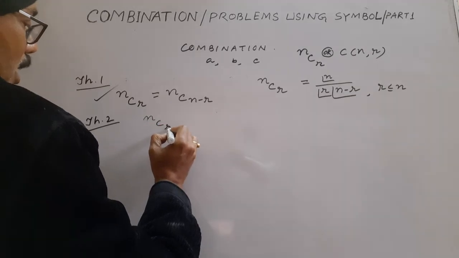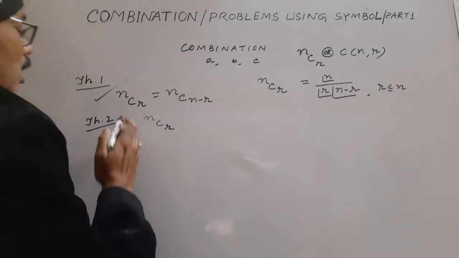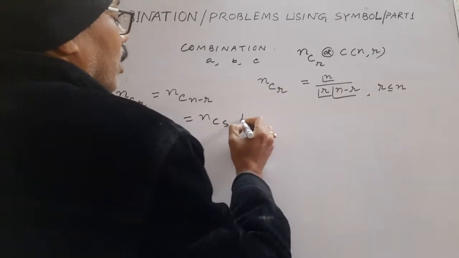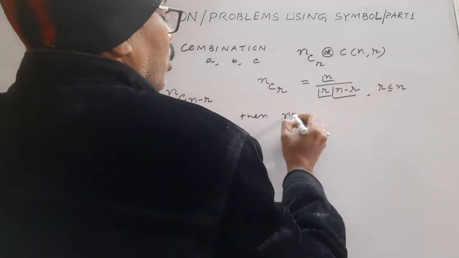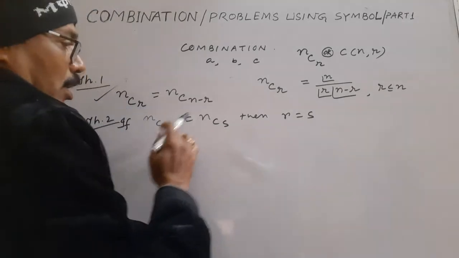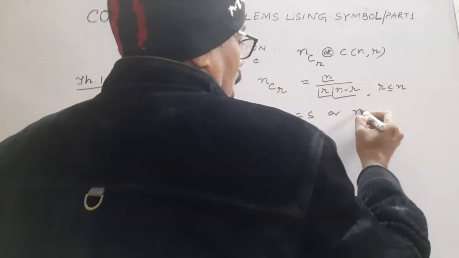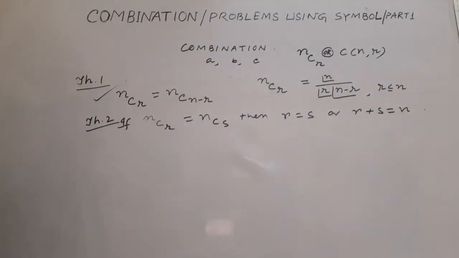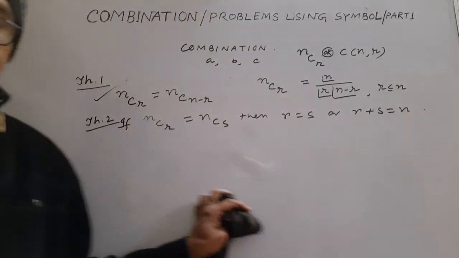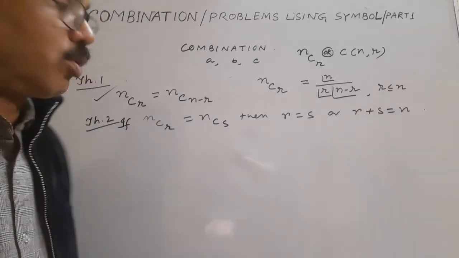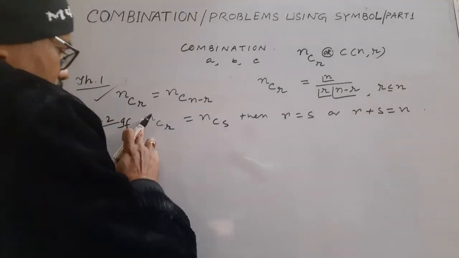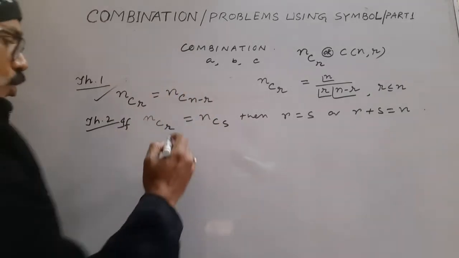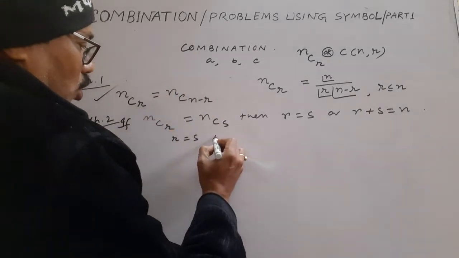If nCr equals nCs, then r equals s, or r plus s equals n. Since the upper suffixes are the same, r equals s is obvious.